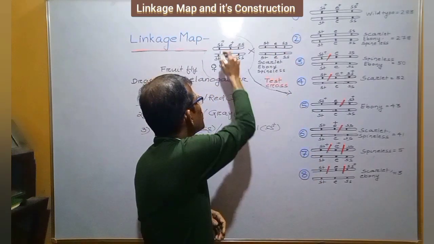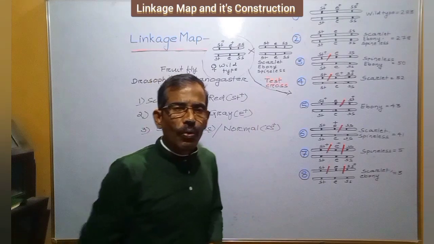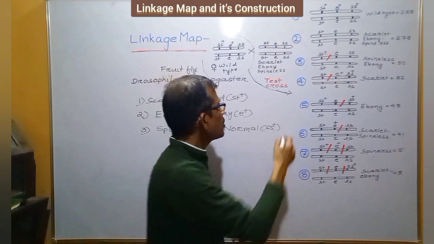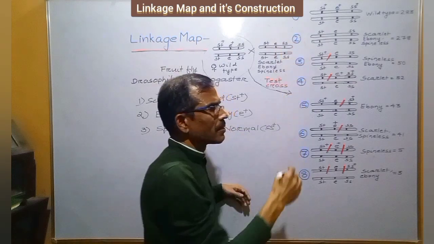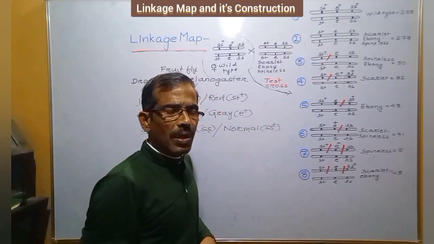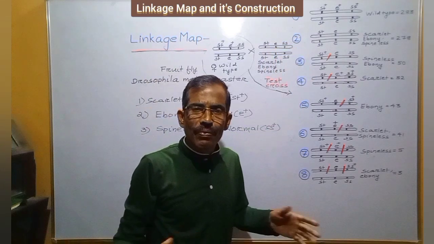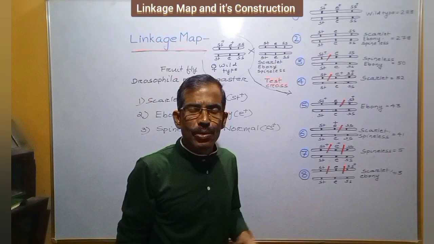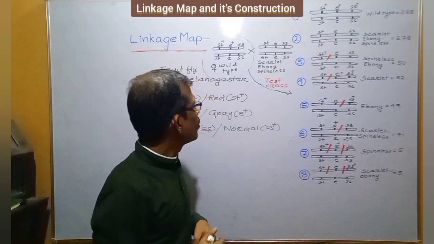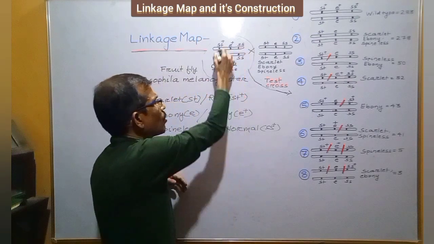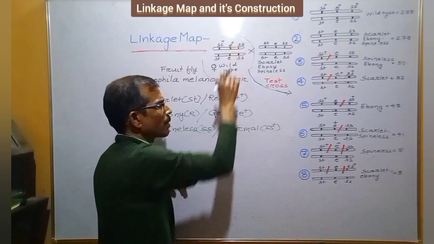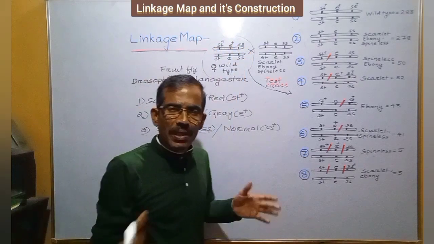To map these 3 genes, we have to know where and how often crossing over takes place. Because in the homozygous recessive parent, at 3 loci all the alleles are recessive, crossing over will have no effect on the type of gametes produced. But because in the heterozygous parent both dominant and recessive alleles are present, crossing over will be detected.